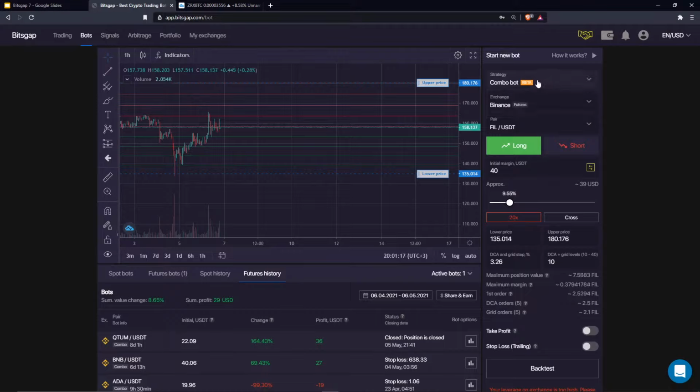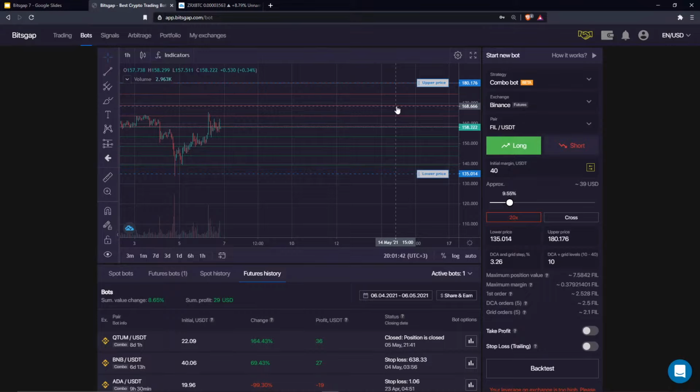It's most likely that for the futures market you will see the combo bot and maybe some other bots as well, designed for the futures market but with different algorithms, so that you can choose depending on the risk appetite and current market conditions. Right now it's just how it is.